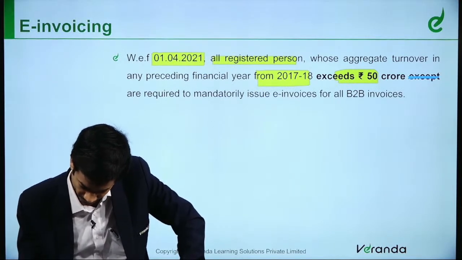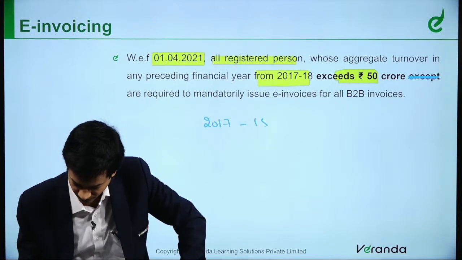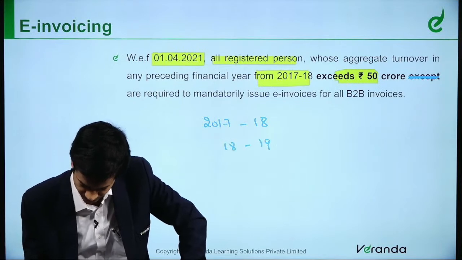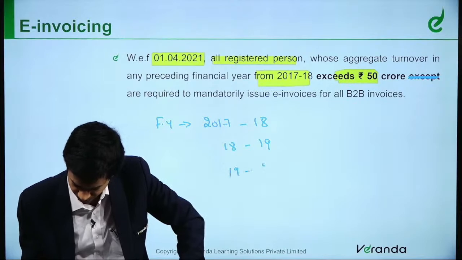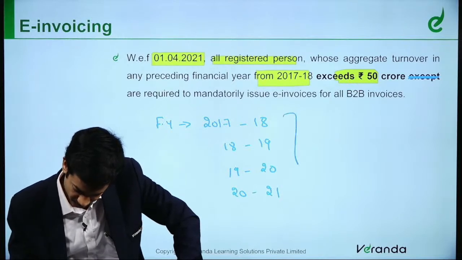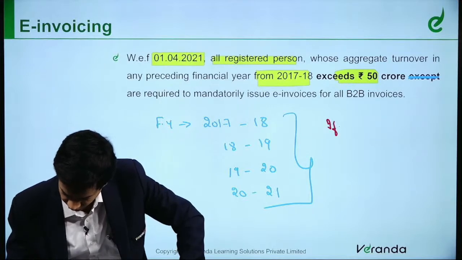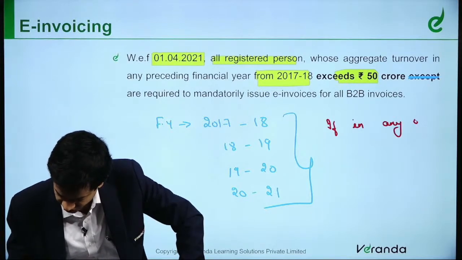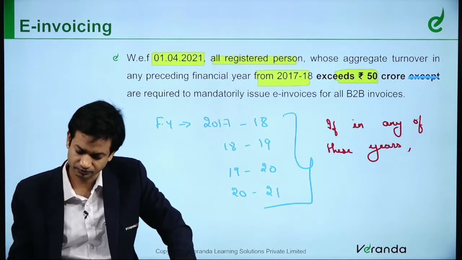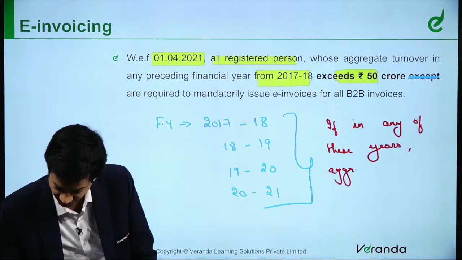So, if in any of these years my aggregate turnover exceeds, please note here, aggregate turnover means pan India turnover.